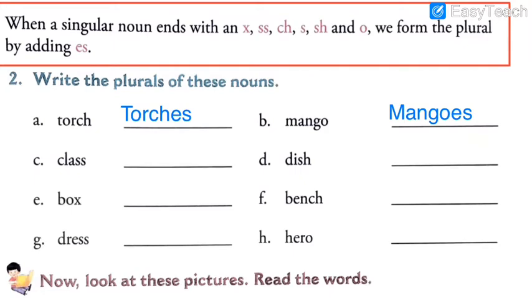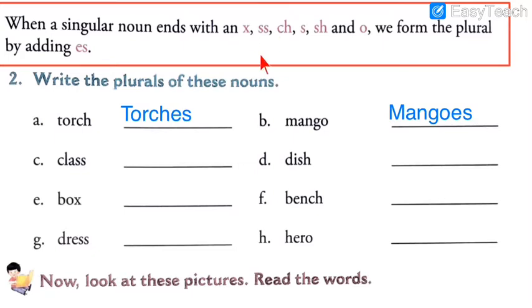Similarly, next one is class. So, what will be the answer? How can we make class a plural? You can say that I am studying in second class, or whatever division you want to give, A, B, C, D, E. So, that is one class. What is the plural of class?